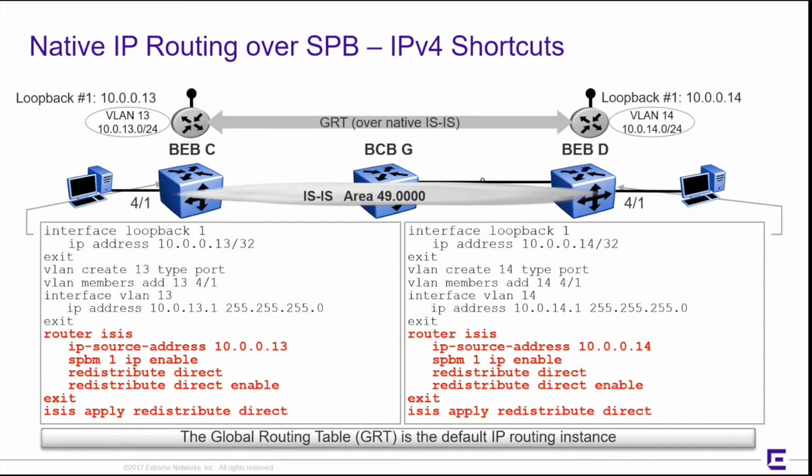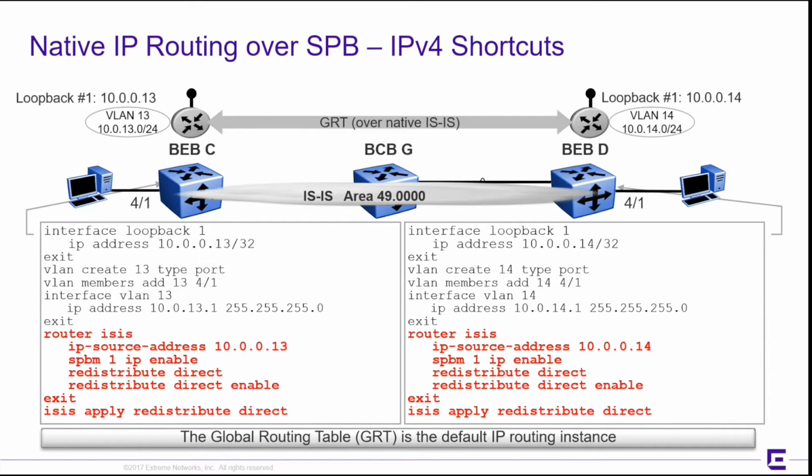You'll note that the source address is the same as the loopback in this instance for both sides, 10.0.0.13 and 10.0.0.14. So when you look at the routing table, the next hop address is going to be that IP source address for all subnets that are handled or routed through that particular distribution layer switch.